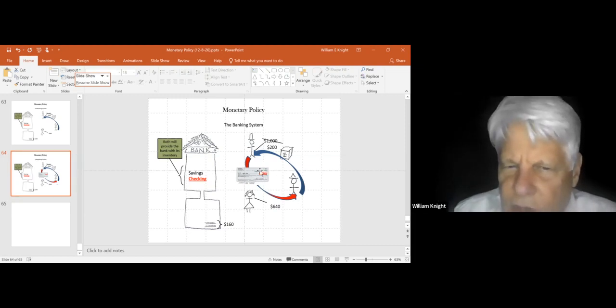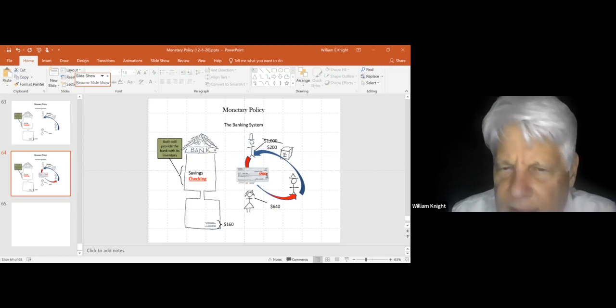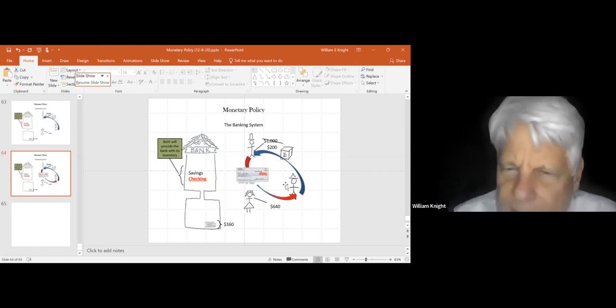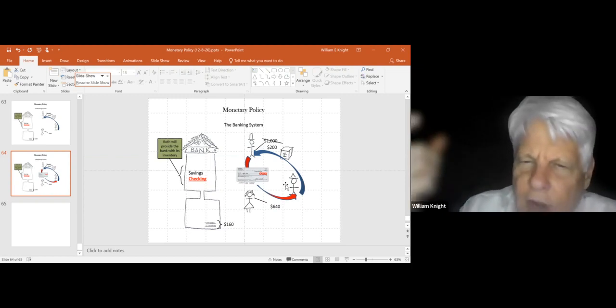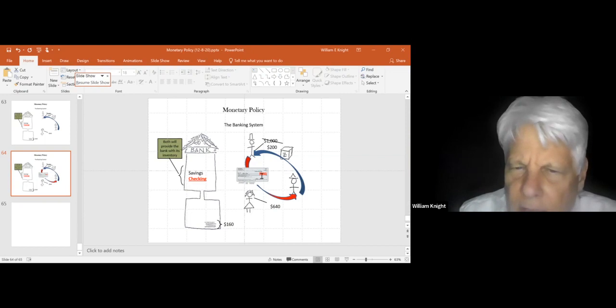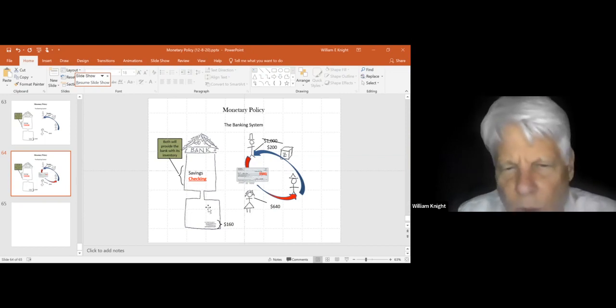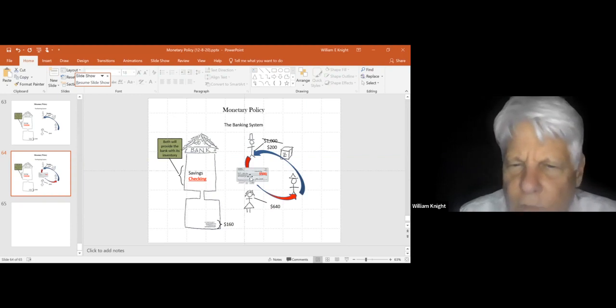This check is a set of instructions that tells the bank, take $500 out of my pile and hand it to you on demand. All you have to do is go in there and on demand present this set of instructions to the teller. That teller will run down to the bank vault and get you $500 and hand it to you.